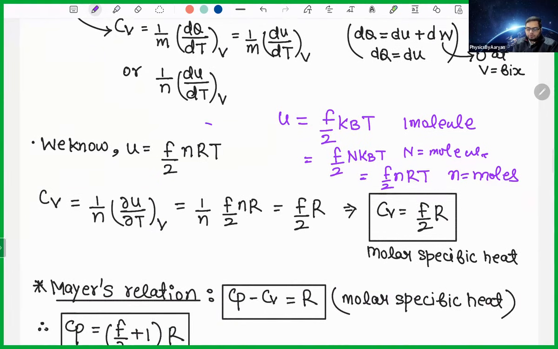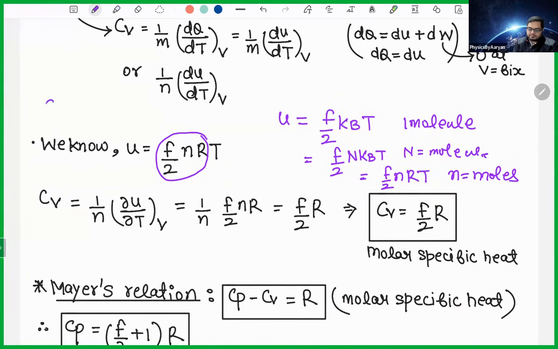If you differentiate this with temperature, you will get F by 2 nR, because the differentiation of T is 1, and n cancels. So you get F by 2 R. So CV equals F by 2 R. This is molar specific heat.